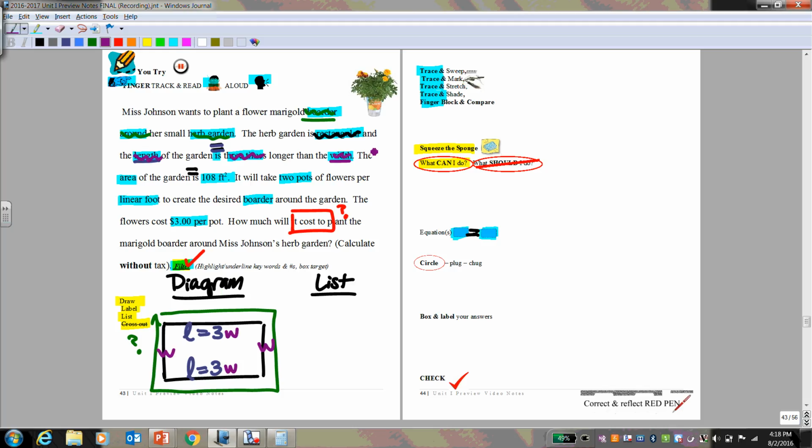The area of the garden, area, so that'd be the shaded part, I write area equals, is 108 feet squared, not 64 this time, that was the last problem. Is is the equal sign. It will take 2 pots of flowers per linear foot. So for every foot around the garden, for every 1 foot, I need 2 pots of flowers.